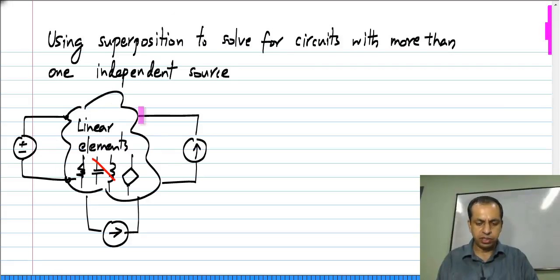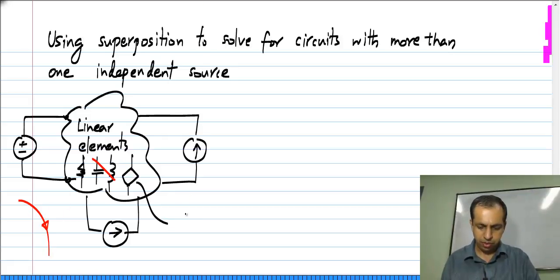Everything is enclosed in this except for independent sources, and of course, the condition is also that for these linear controlled sources, the controlling quantity is within this circuit. This controlling quantity could be dependent on some voltage within the circuit or some current within the circuit. So, we can't define, let us say, some other current flowing elsewhere outside the circuit and make this controlled source dependent on that.